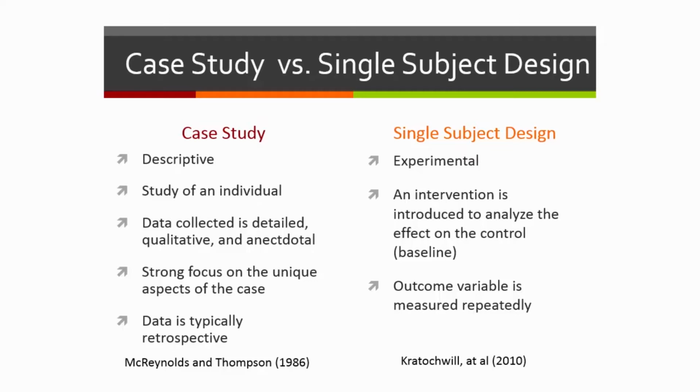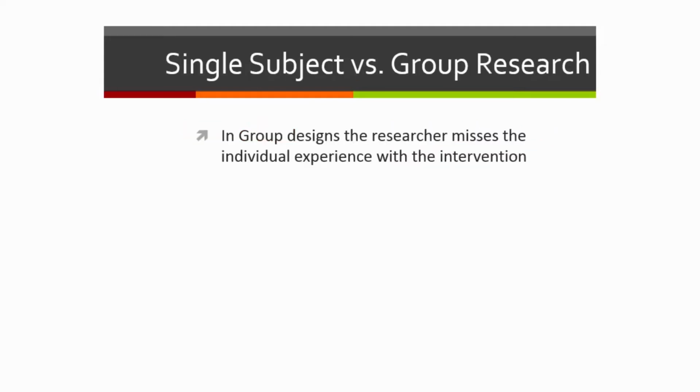There's an intervention that's introduced, and we're going to examine or analyze the effect of that intervention on the control. From a measurement standpoint, and you're going to hear me mention this many times, and that is repeated measures. The outcome variable is measured repeatedly. We get a lot of repeat information to make sure that we're ruling out any other kind of error.